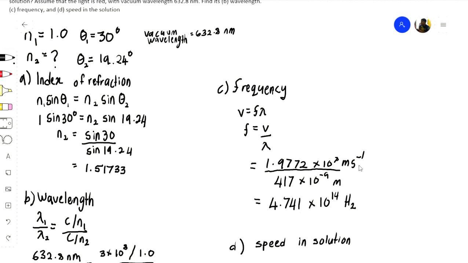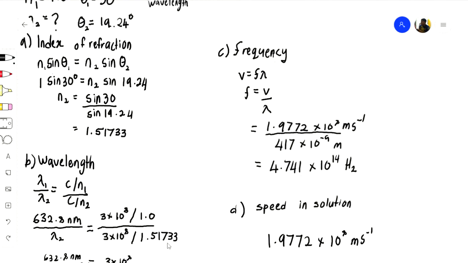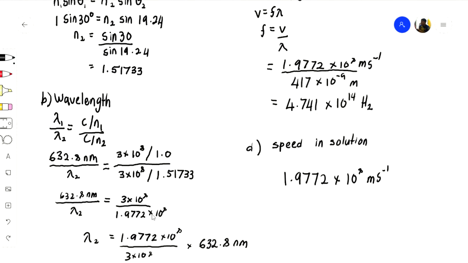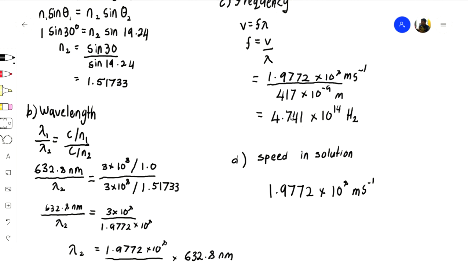We can get this information from here, because velocity is equal to c over n.